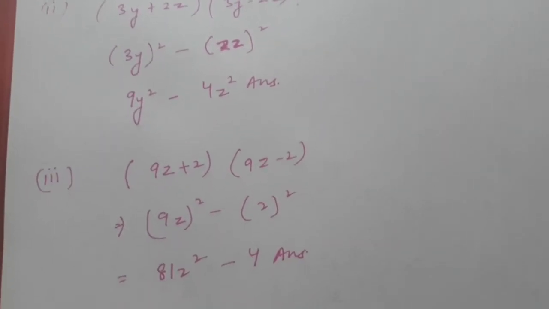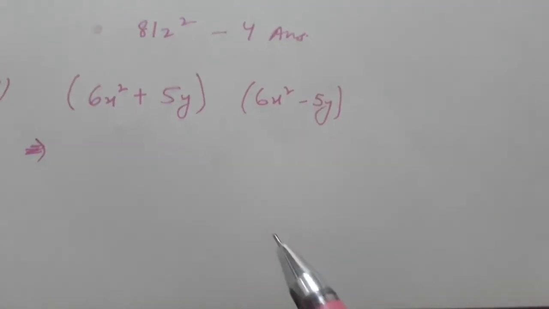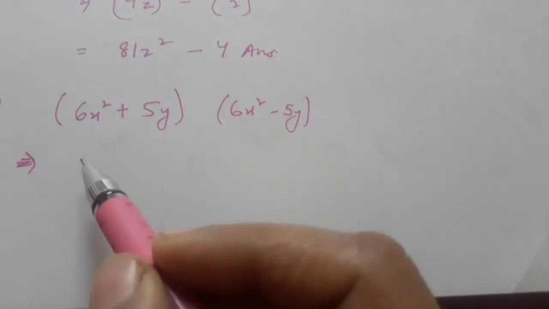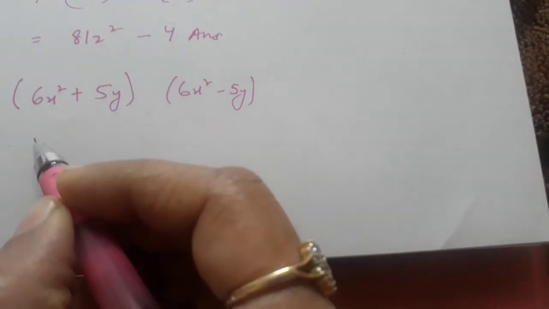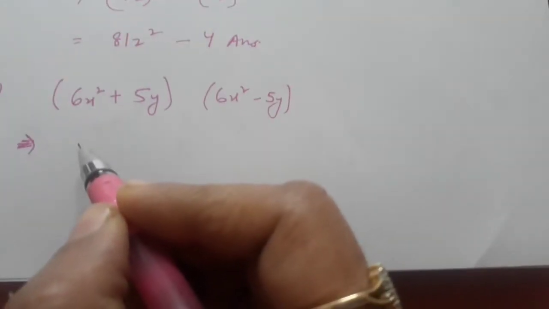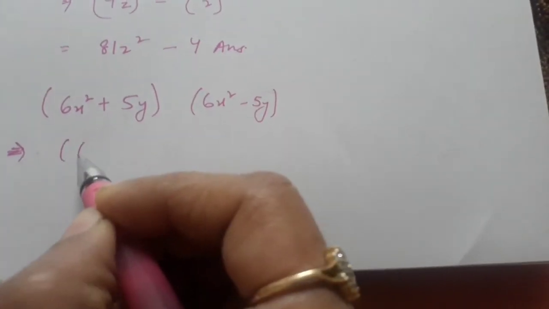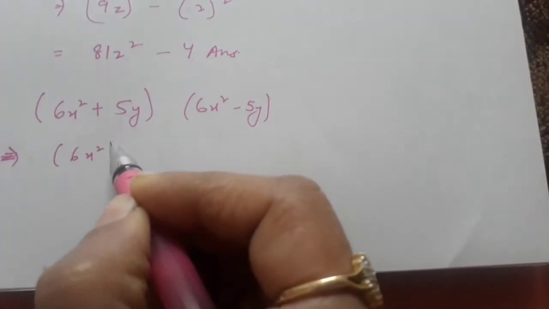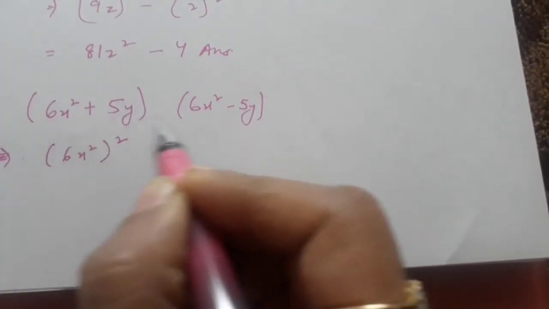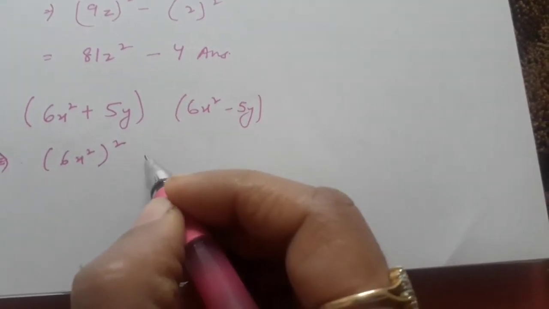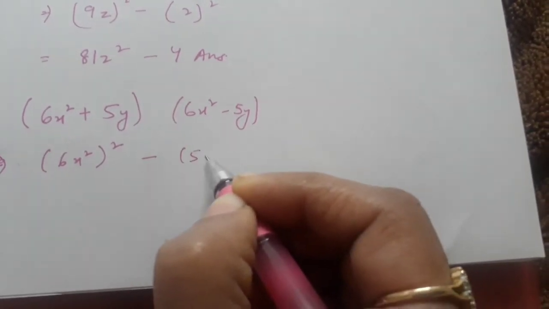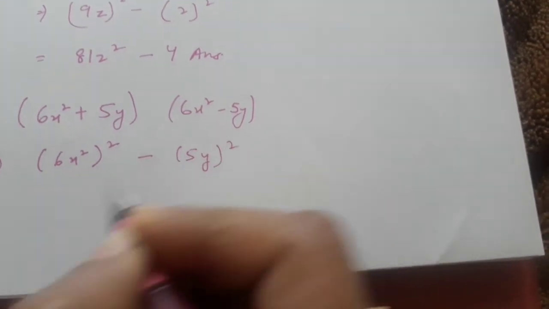Now come to the fourth part. So the fourth part is 6x square plus 5y and 6x square minus 5y. So that would be equal to a square minus b square, which means (6x square) whole square is a, minus b is 5y, (5y) square.